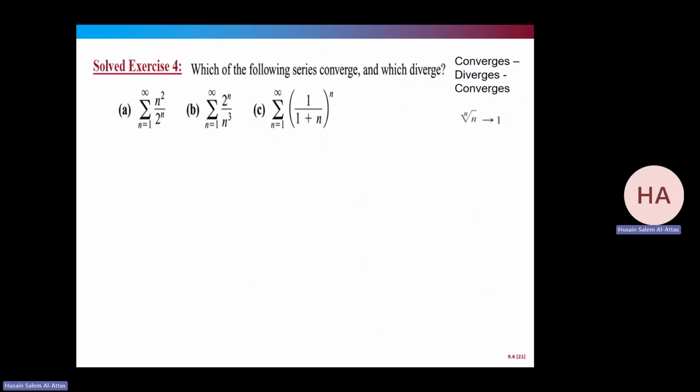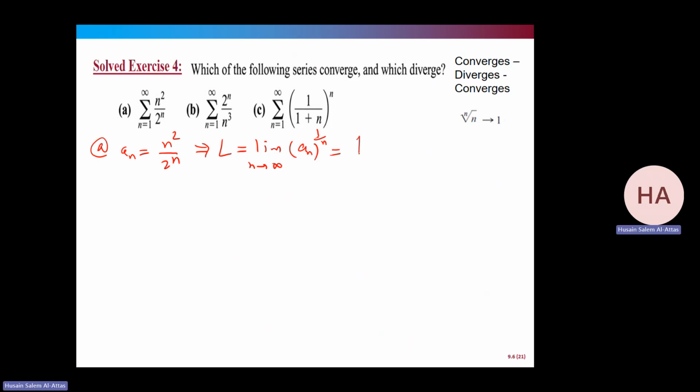Let me do these three, then. This one, the first one. What will be a_n? What will be L, the limit, of a_n to the power 1/n? Everything is positive. Let me do it as a power, I think it will be easier.